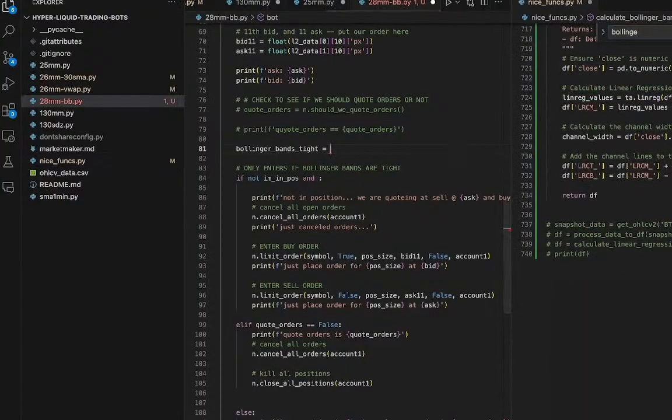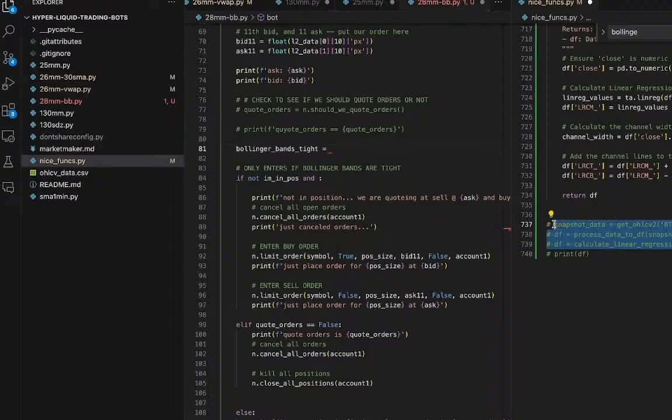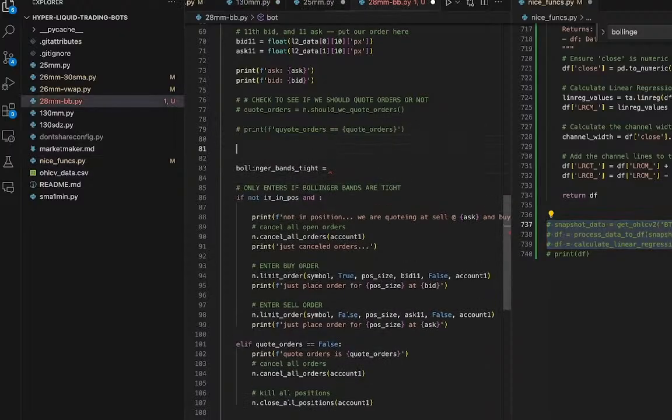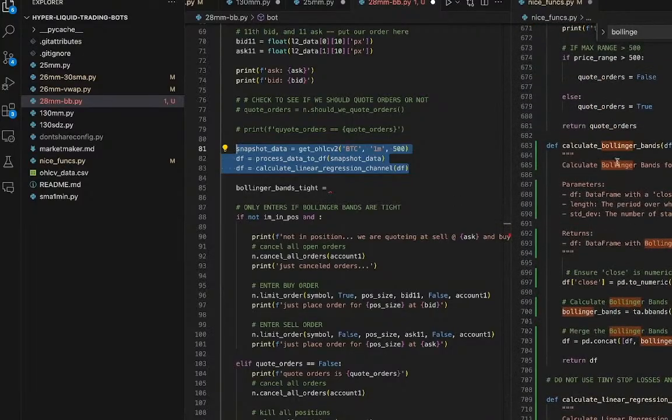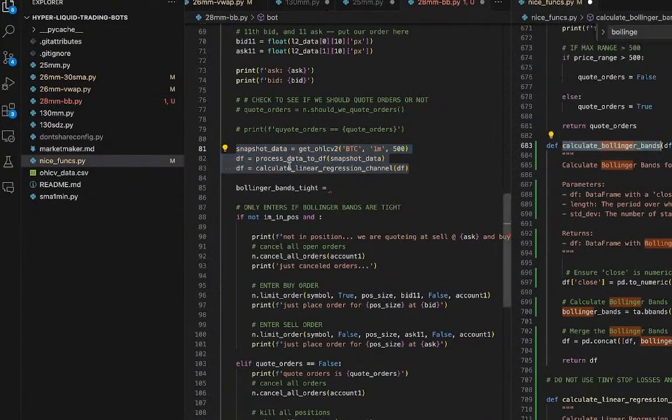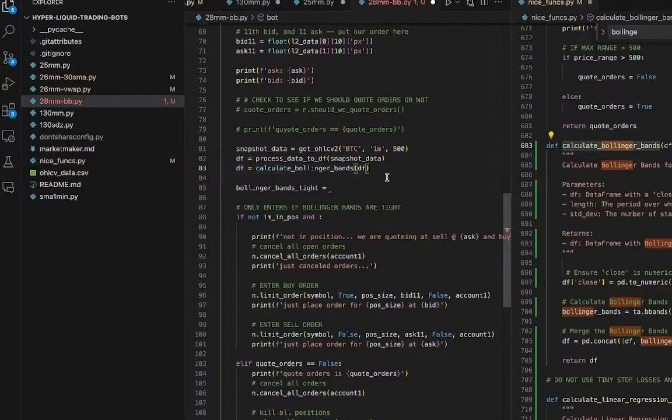Snapshot data. I'll trade BTC on this one actually. Let's go ahead in there, and then mark this out, and then change this to that. And then we should get the DF, the BBDF.